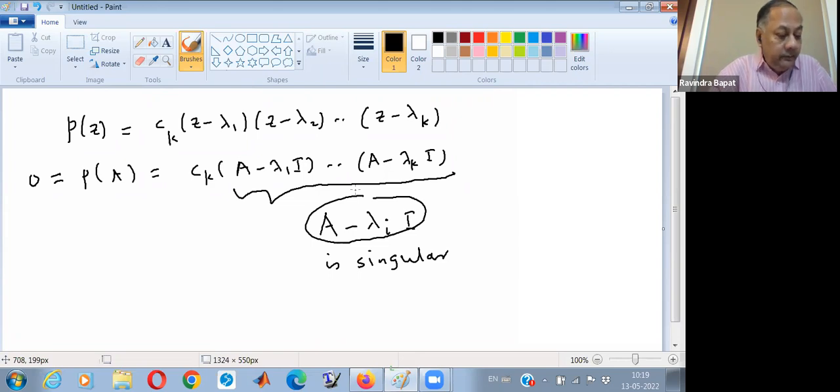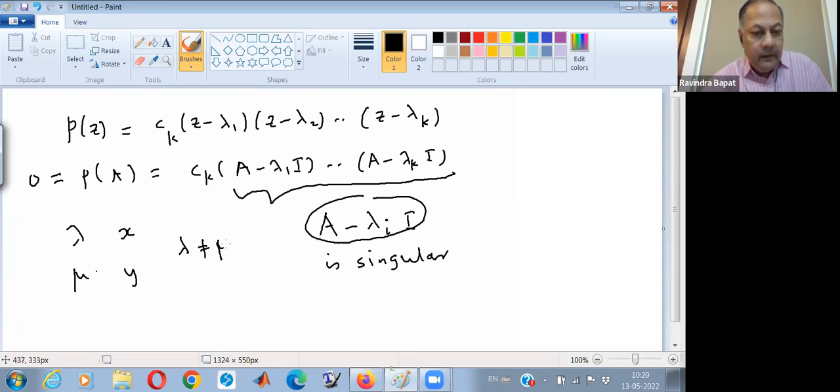One fact that I will not prove, but which is not difficult to prove: if you take two eigenvalues lambda and mu, with corresponding eigenvectors x and y, and if lambda and mu are distinct, then x and y are linearly independent. Also, if you take several distinct eigenvalues and their corresponding eigenvectors, they will be linearly independent.